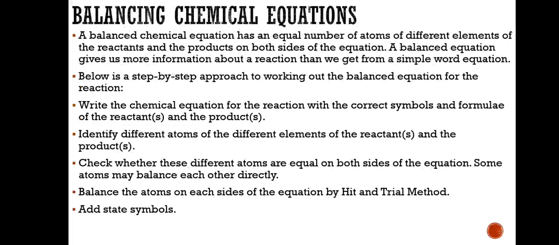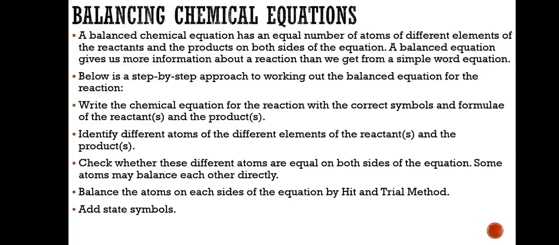Some atoms may balance each other directly, while others you need to check and balance. That means you look at the number of atoms in the reactants and check whether they are the same in the products, and then balance them.